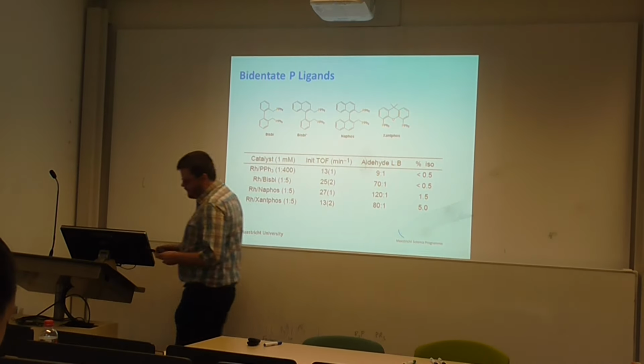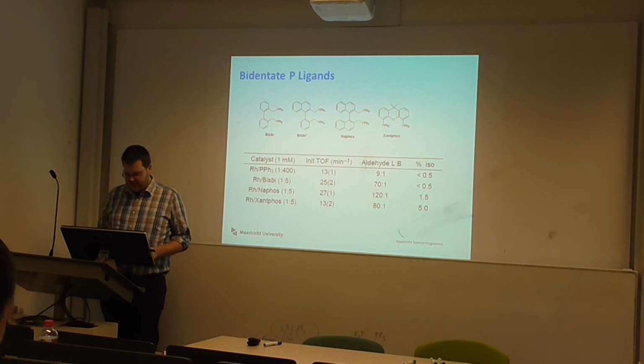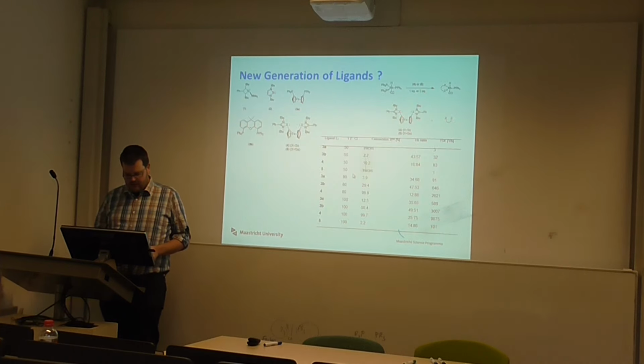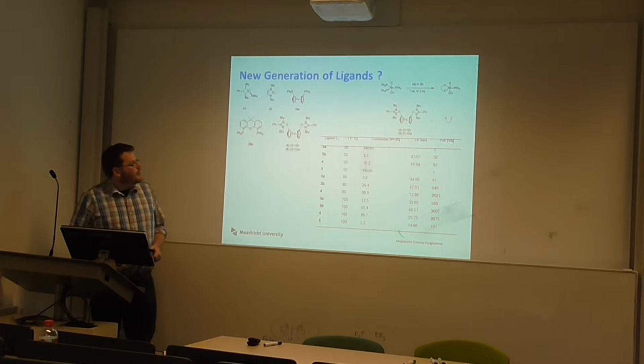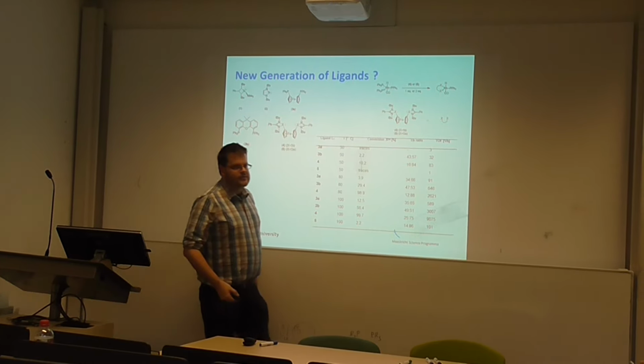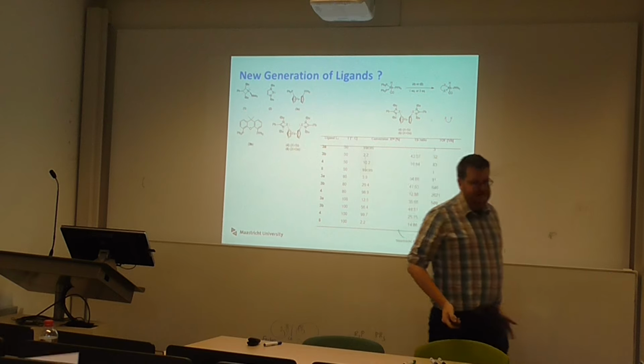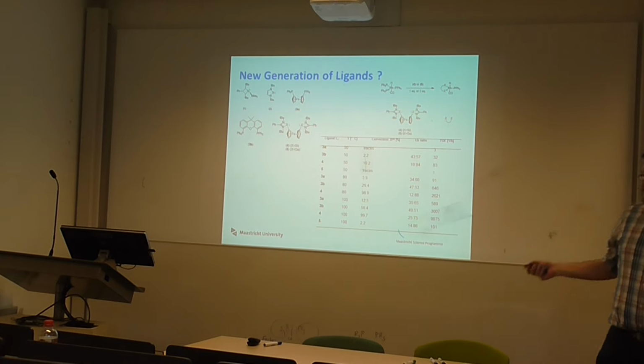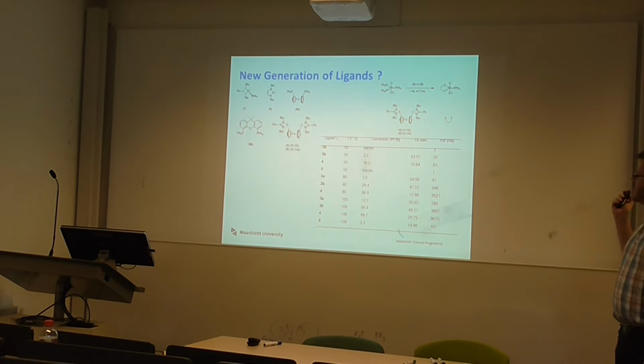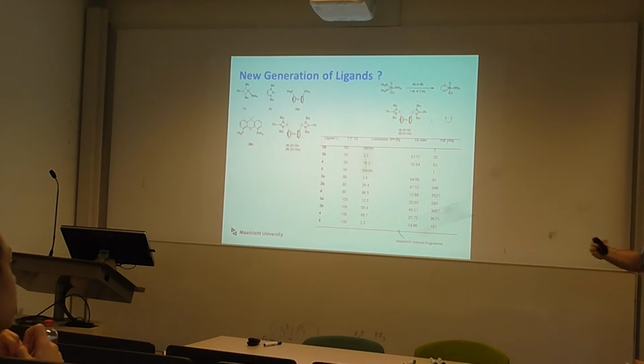And to end things off today, I don't know what's going on here. I just thought I'd present some of my own results. This is in fact the last bit of work I did in Berlin, and we've just finally submitted this paper. So check out what we did. We took exactly that generic starting material for rhodium hydroformylation that I just presented, and we synthesized new ligands.